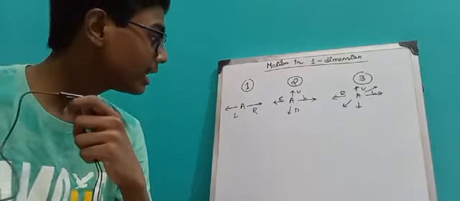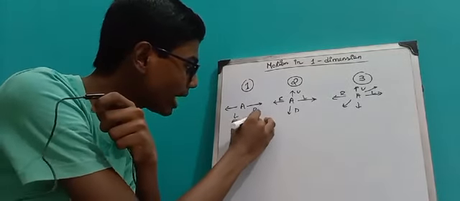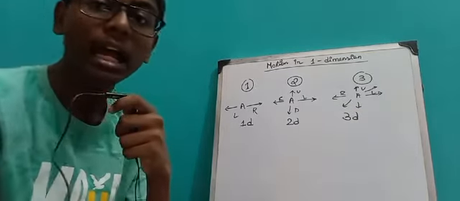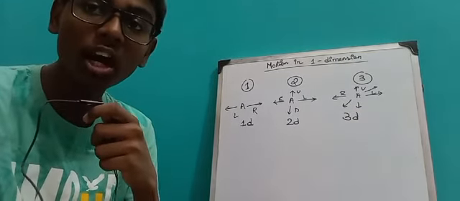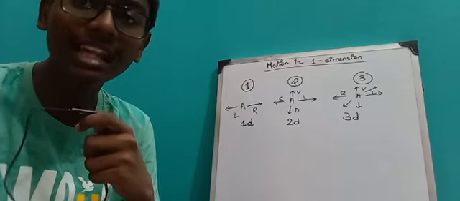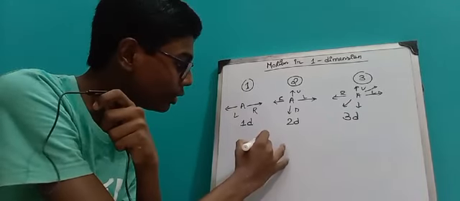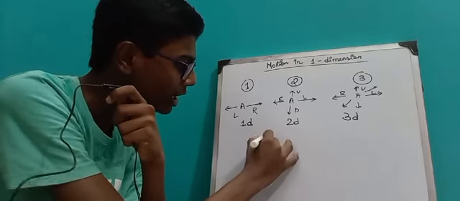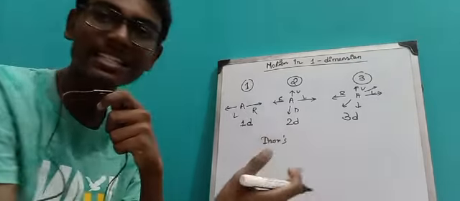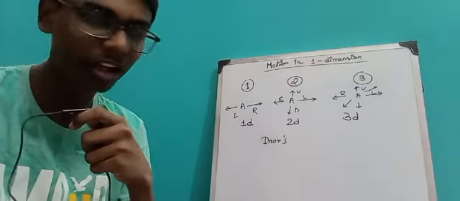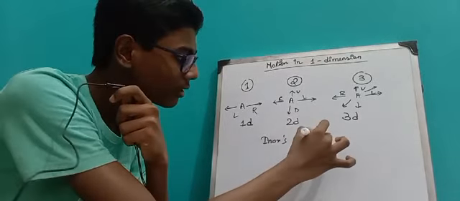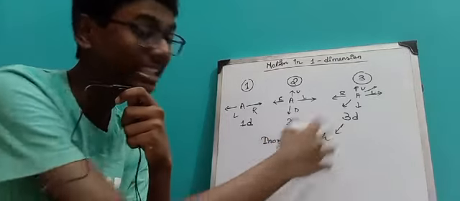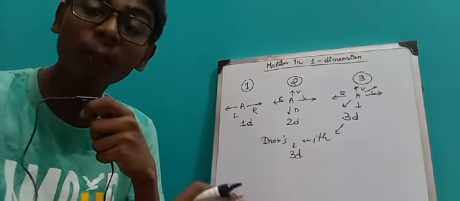This is also written as 1D, that is one dimension, 2D, two dimensions, 3D, three dimensions. It's my request, do not confuse this with the 3D of Inox, or any cinema hall. Inox's 3D and this 3D are poles apart.